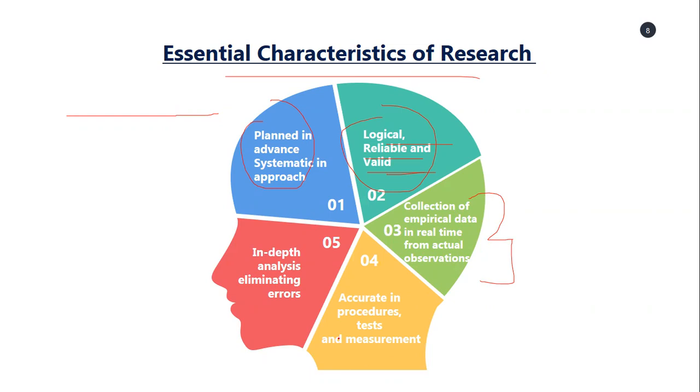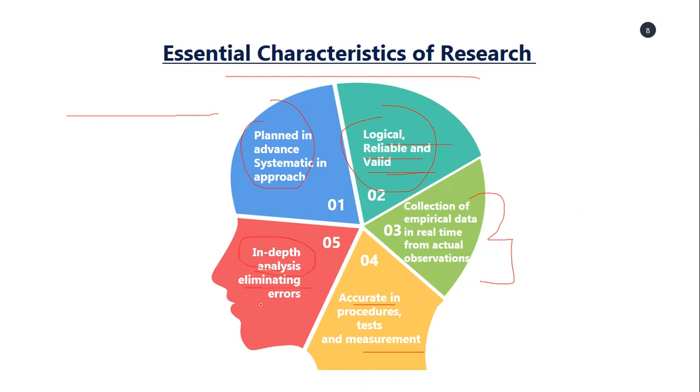Now when this process is followed, there has to be accuracy in the procedure. Certain important tests need to be done wherever possible, and a proper measurement should be recorded. So to sum up the essential characteristics of research, it is nothing but an in-depth analysis, which helps you give a detailed study.